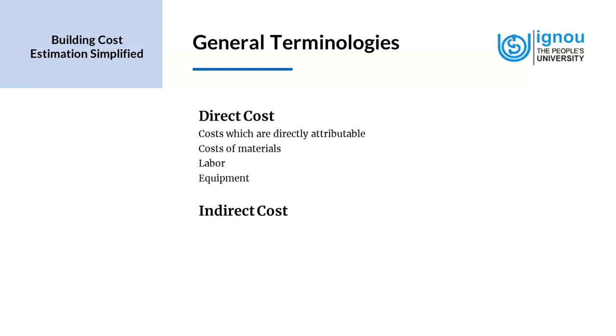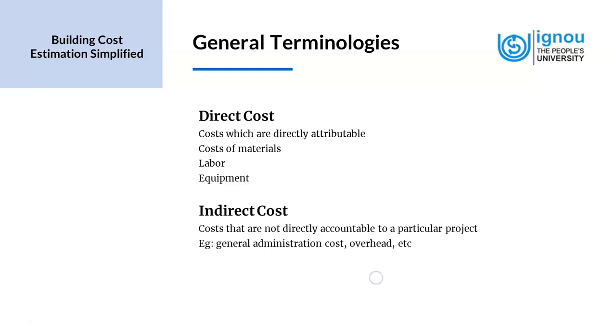Now we have something called the indirect cost. These costs are not directly accountable to a particular project. These are indirect costs, but these have to be factored in when we quote to a client, or these are also expenses for contractors. So these are also to be considered when we are quoting for a project. What could this be?